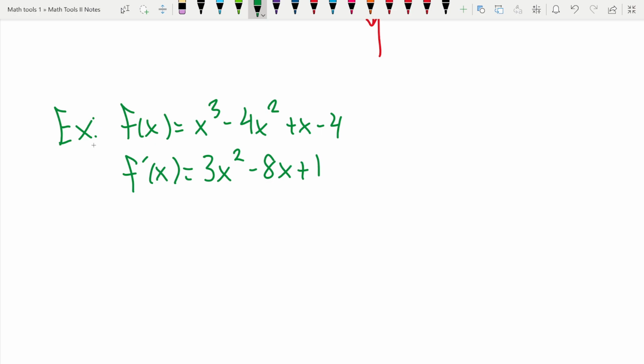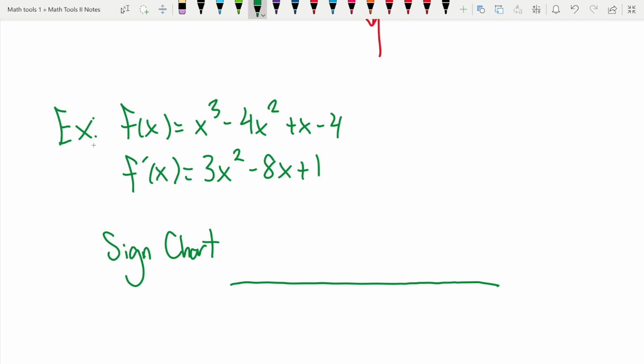So we want to look at where this function is positive and where it is negative. Whenever we want to look at where something is positive or negative, we can break out what's called a sign chart, which will let us easily keep track of this. If you remember the sign chart from Math Tools 1, it's the same idea.